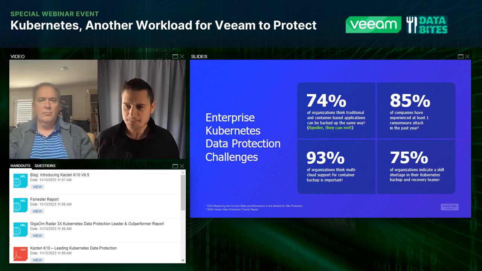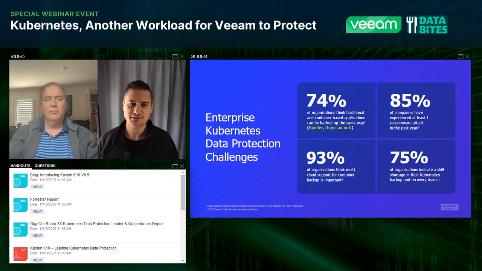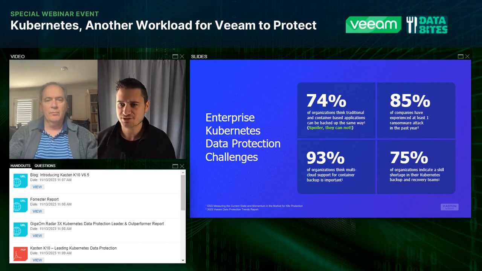For those of us along the journey with Kubernetes, I'm sure we've experienced some of these issues, where 74% of organizations think traditional and container-based applications can be backed up the same way as virtual machines. Kind of touched upon that earlier, but spoiler, they can't, right? Unfortunately, that's the good and bad news.